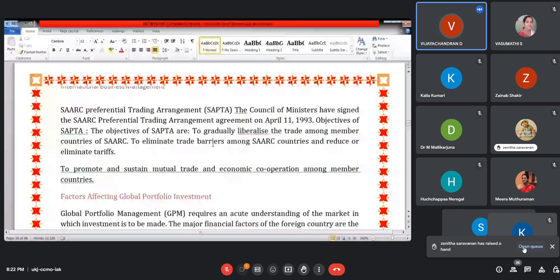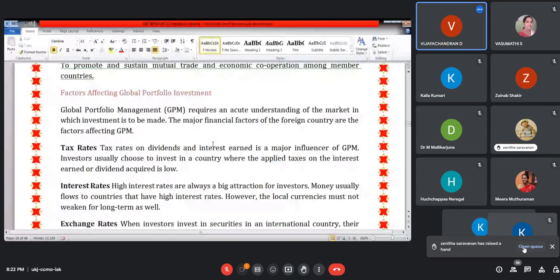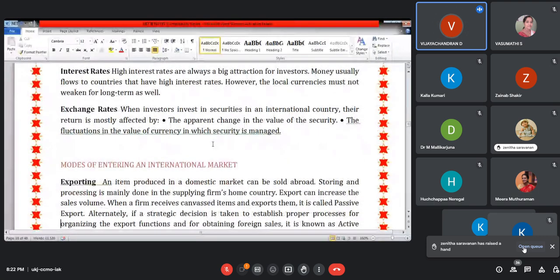So what is the purpose of SAPTA? Liberalize the trade among the member countries, and also eliminate trade barriers. So this I already told. What are the methods? I told franchising.